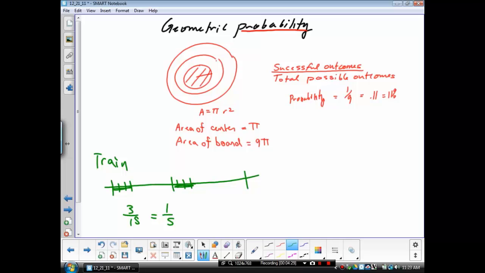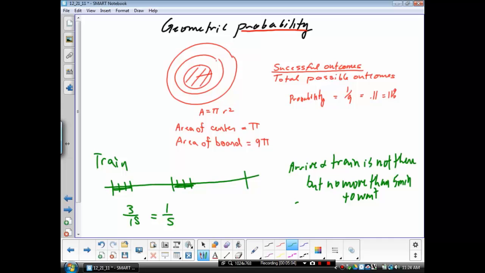Now, what's the probability that I arrive when the train is not there, but I have no more than 5 minutes to wait? So I arrive when the train is not there, but I have no more than 5 minutes to wait. Well, first off, my successful would be 5 out of what?